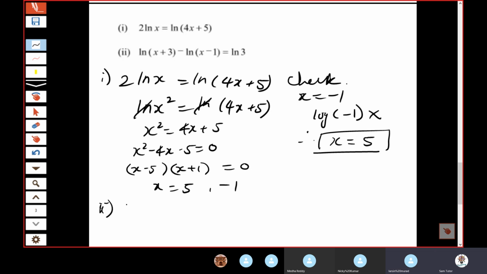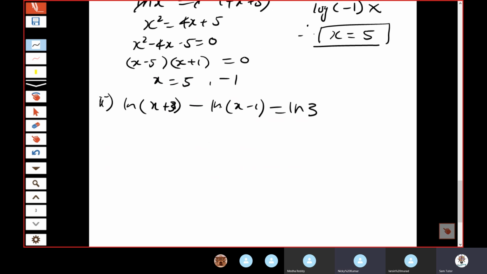Double I. Who wants to try that one? Minus log of x minus 1 equals log 3. I can try. All right, go ahead. So you would first, wait, what's the question? Oh, okay, yep.